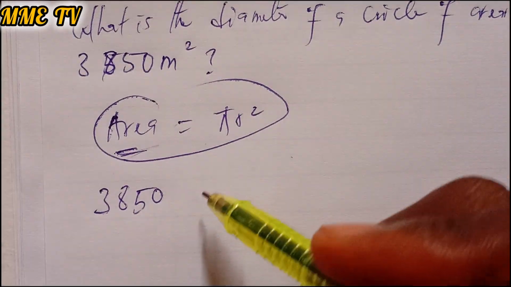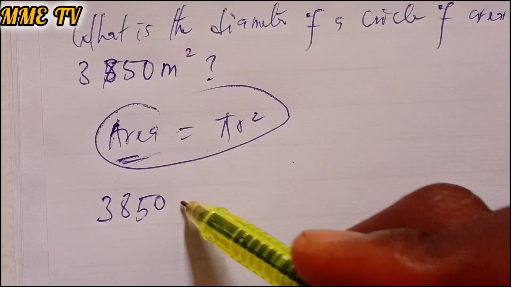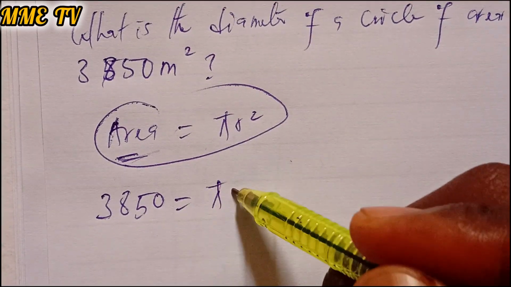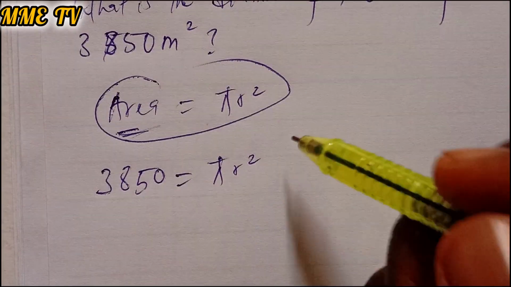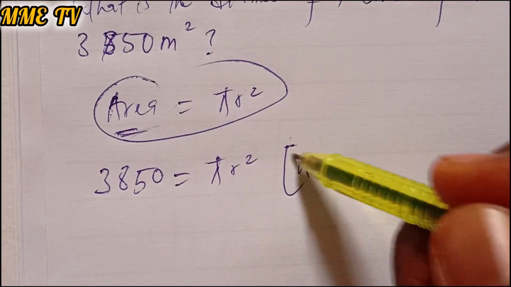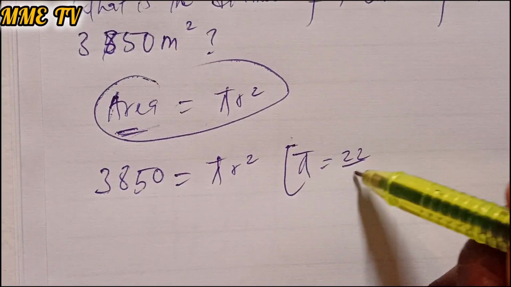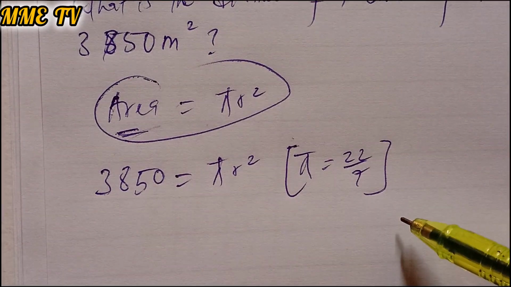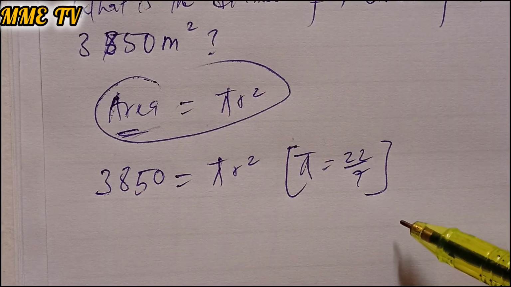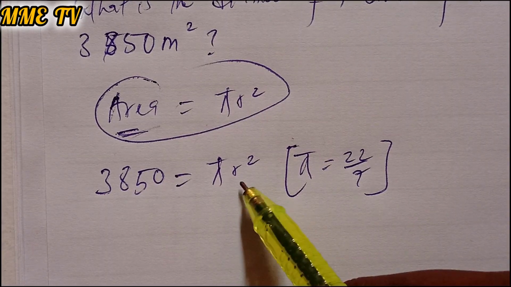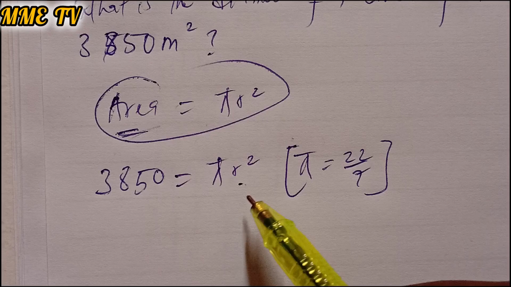You substitute this for area, which is equal to pi r square. And we all know that the value of pi is equal to 22/7. Now, the radius isn't given. So what do we do here?